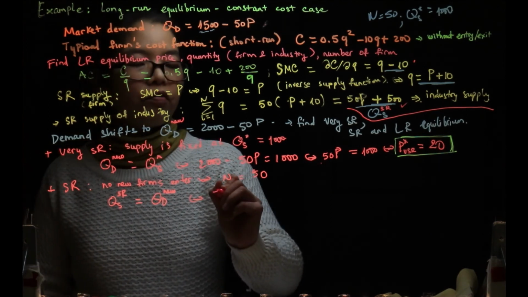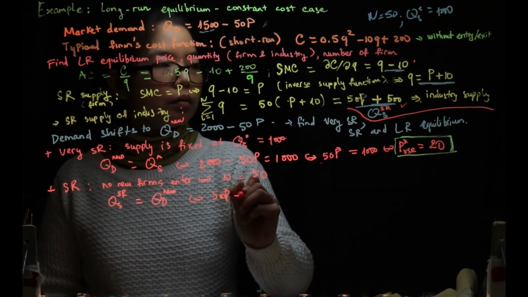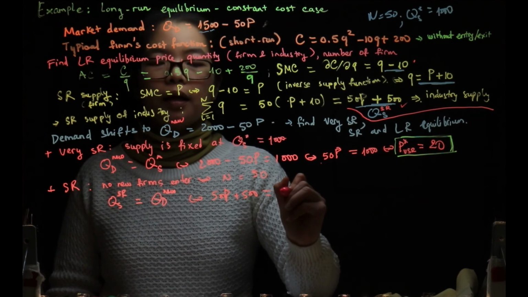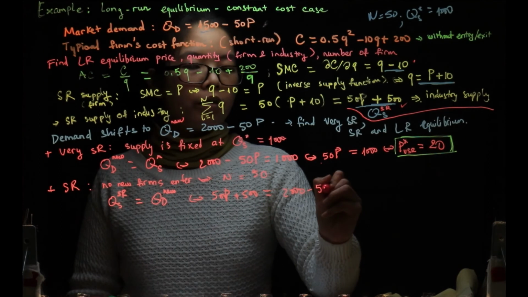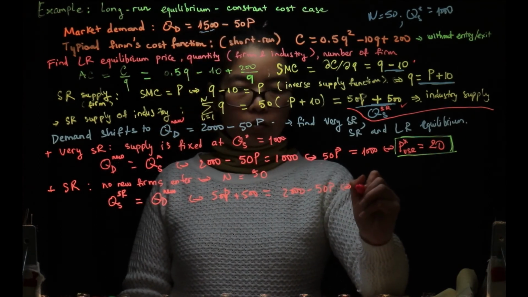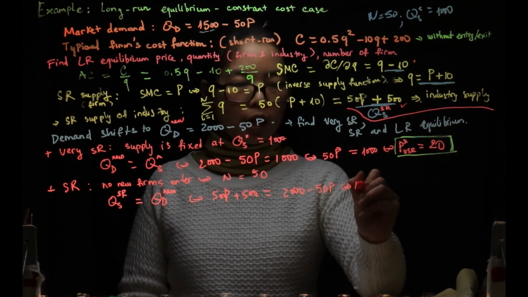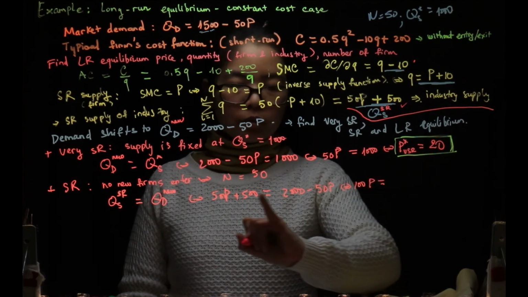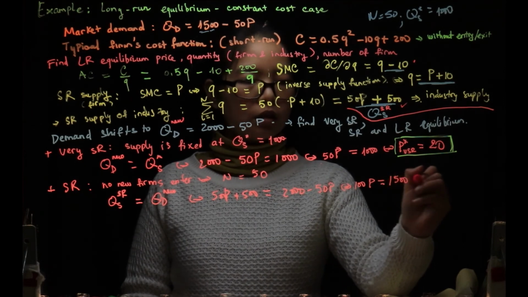Then we have 50P plus 500 equals 2000 minus 50p. And that means now we could put all the p's to the other side, 100p, and the numbers to the other side, 2000 minus 500, 1500.